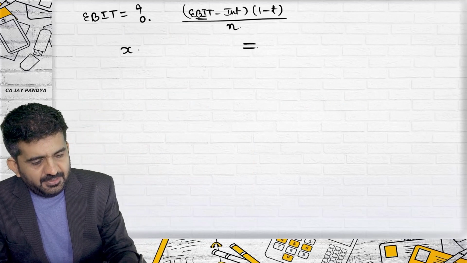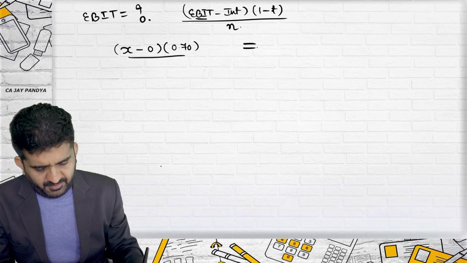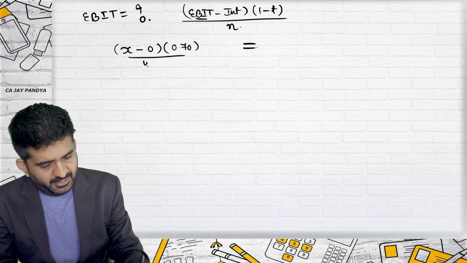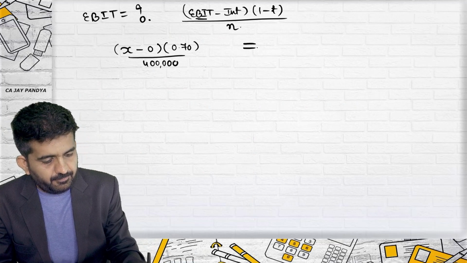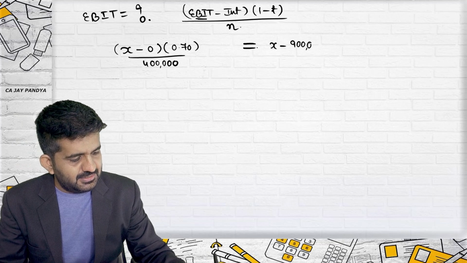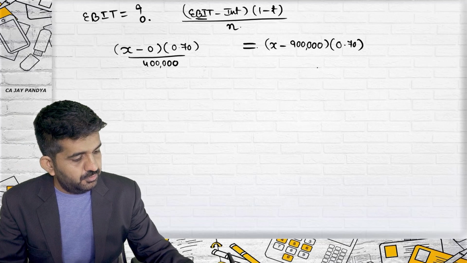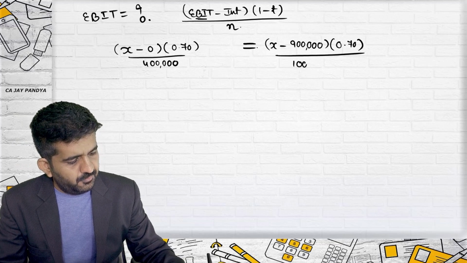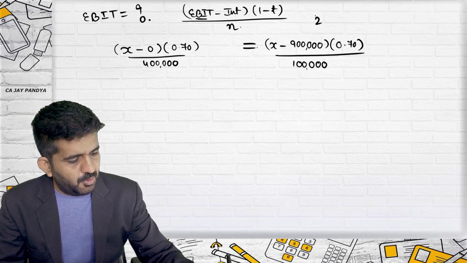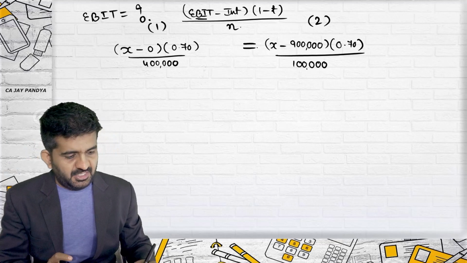So I'm taking EBIT as X minus 0 into 0.70 divided by N, which is 4 lakhs. X minus 9 lakhs into 0.70 upon 1 lakh, this is for plan 2, this is for plan 1, and EPS should be equal.